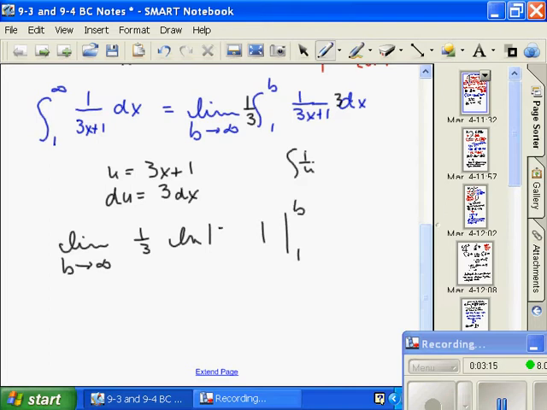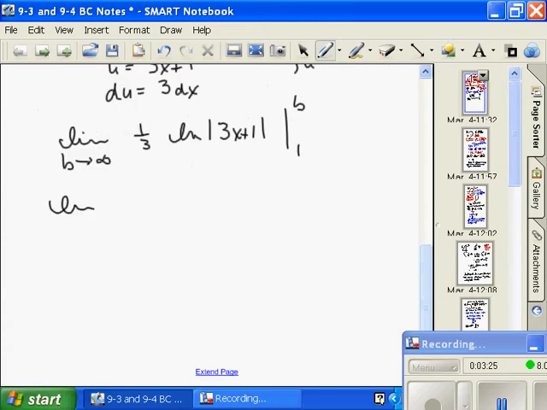And I can just put my u back in to save myself some time. That would be 1/3 times the natural log of the absolute value of 3x plus 1, evaluating from 1 to b. So I have the limit as b goes to infinity, 1/3, then the natural log of 3b plus 1 minus the natural log of 4.